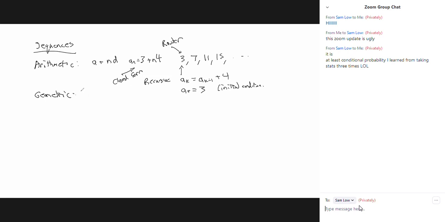And this was a to the n equals some constant, we'll call it c, times some rate to the n. So this is something like a to the n equals 3 times 2 to the n.